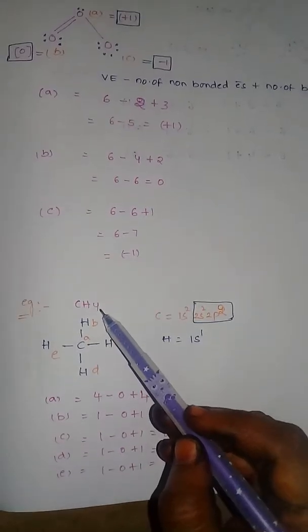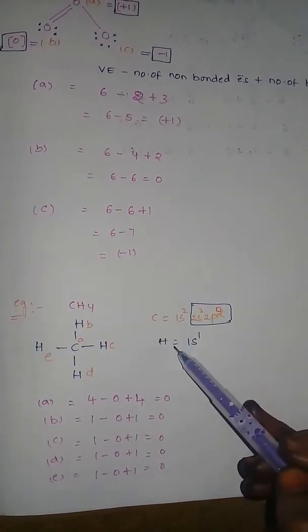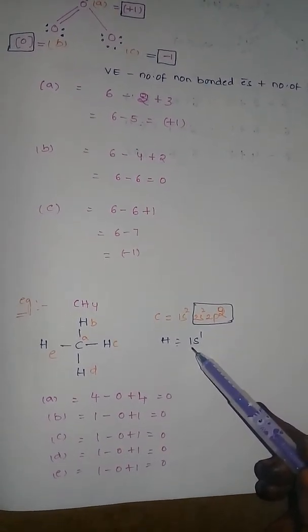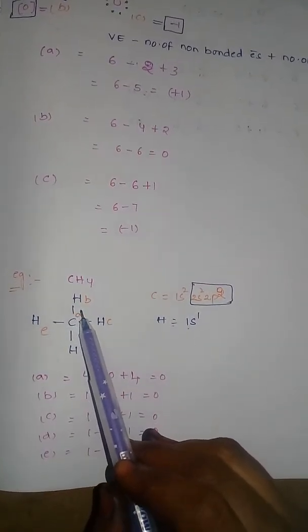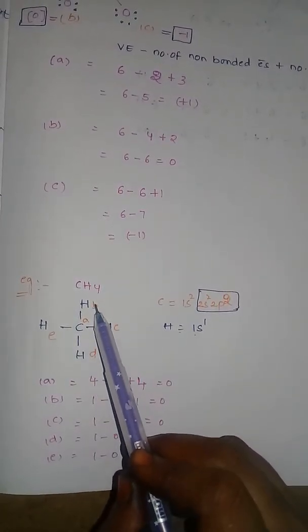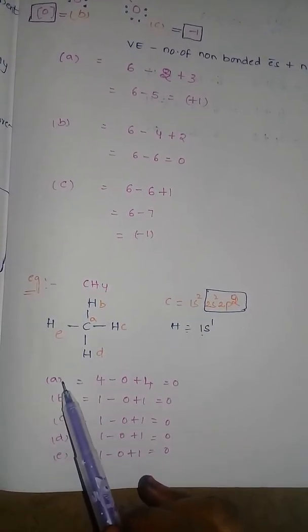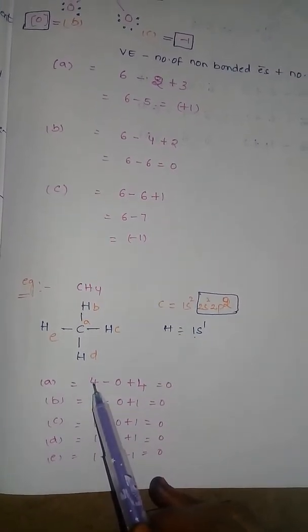And then go for the CH4 molecule. Carbon has 4 valence electrons and hydrogen has 1 valence electron. In this molecule each atom is indicated by A, B, C, D, E. Here atom A is carbon. What is the formula?